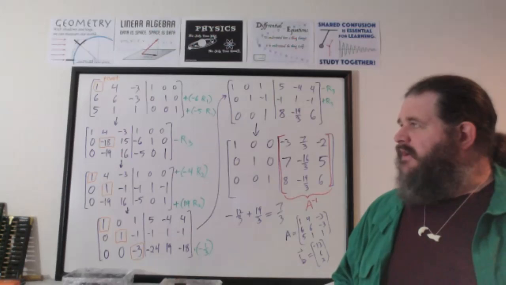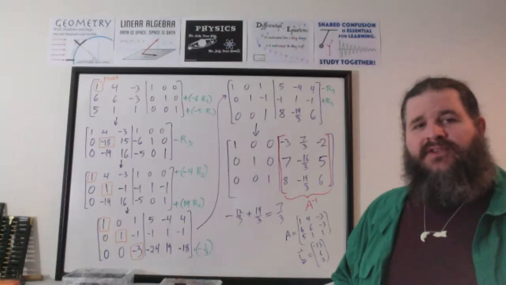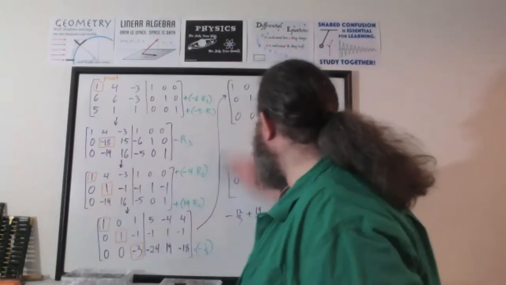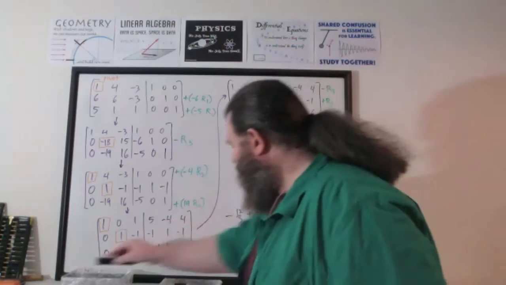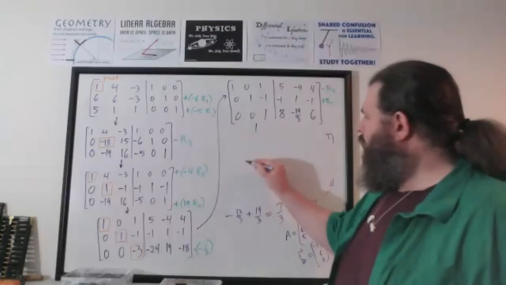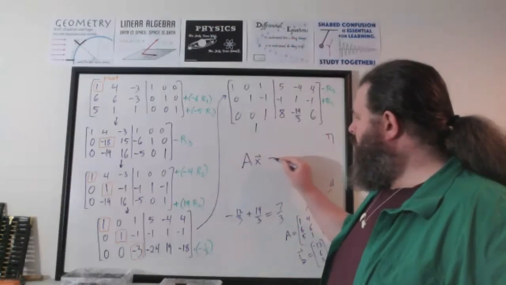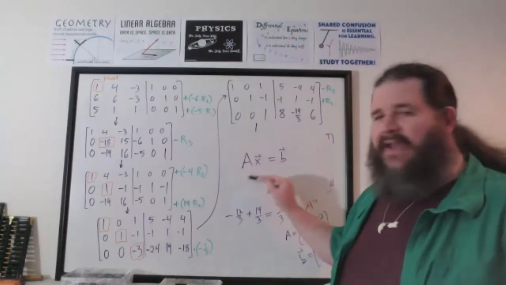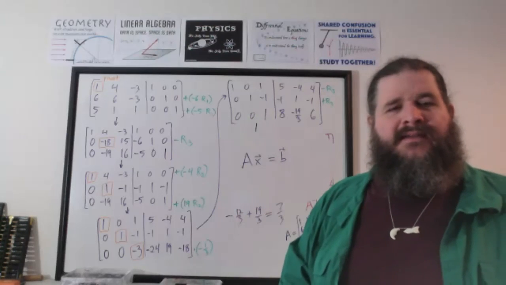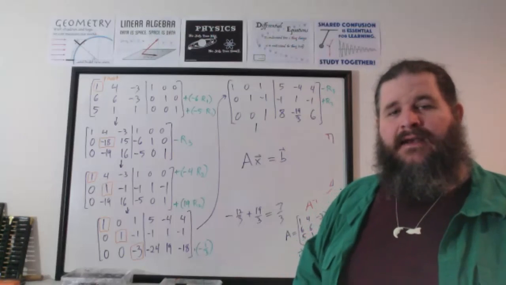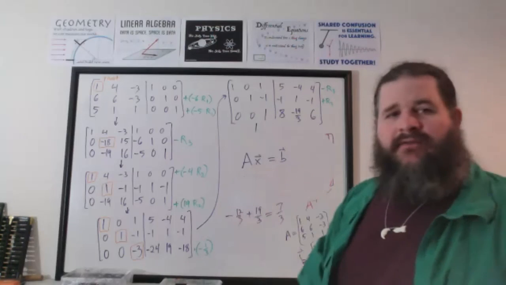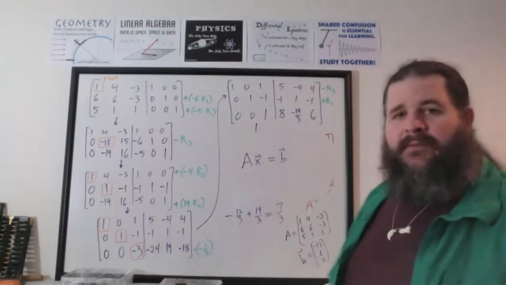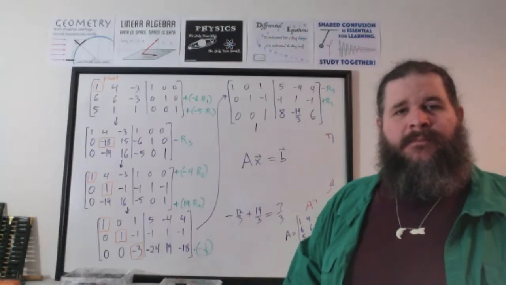The other big advantage is that if you're solving lots of systems of equations, like let's say you have many systems of equations of the form AX equals B. In a lot of cases, like if you're collecting data from an experiment over and over again, the coefficients of A often represent how you're setting up the experiment, and the values in B often represent the results you get from the experiment.